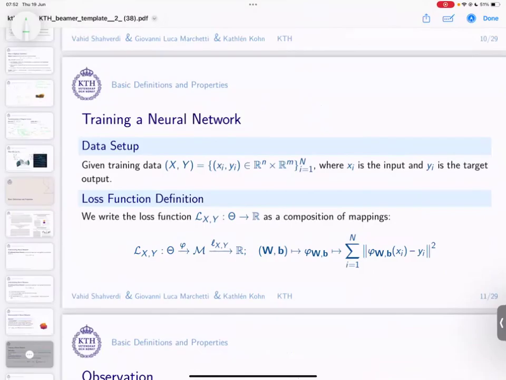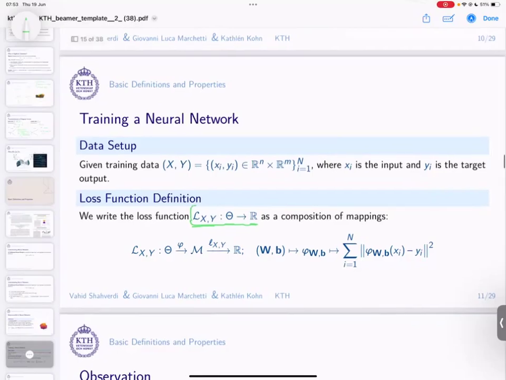So at the end of the day, we have this optimization task in machine learning, in a deep neural network, for instance. We have a loss function from the space of parameters to R. Based on the given input and output data, we want to find which parameter in the domain gives us the local minimum of this loss, or fortunately the global minimum. So I'm going to write this loss function as a composition of two functions. As I said, we have this parameterization map.